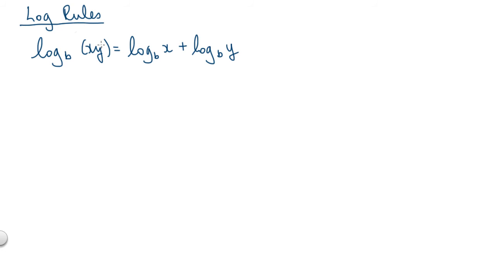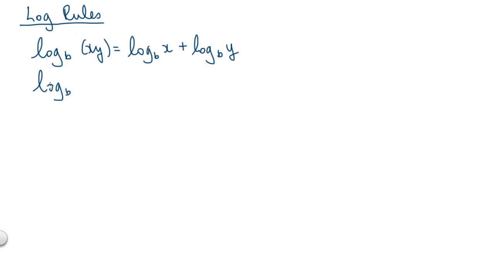So the logarithm of a product turns into a sum of logs. And we'll see that when we're doing calculus, this actually comes in really handy when we're calculating derivatives. Notice that the base b does not change here. So the base b has to be carried all the way through this expression.